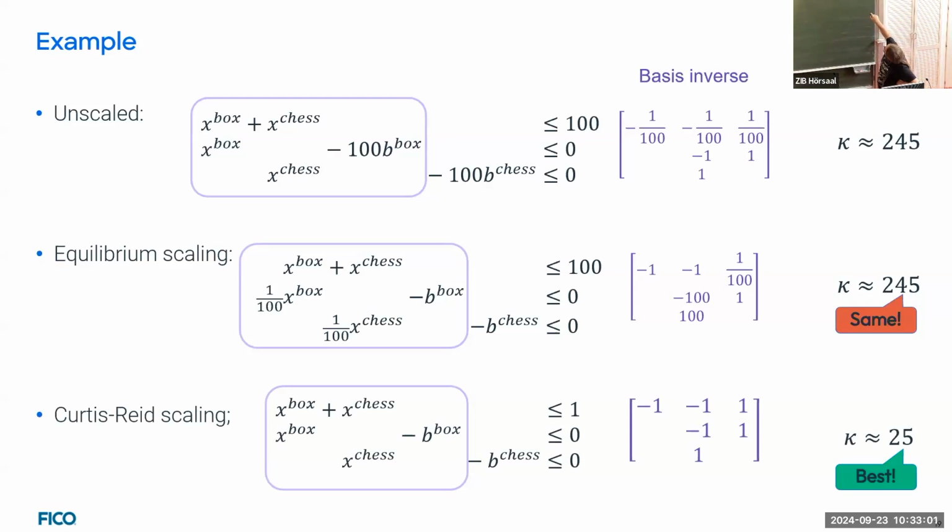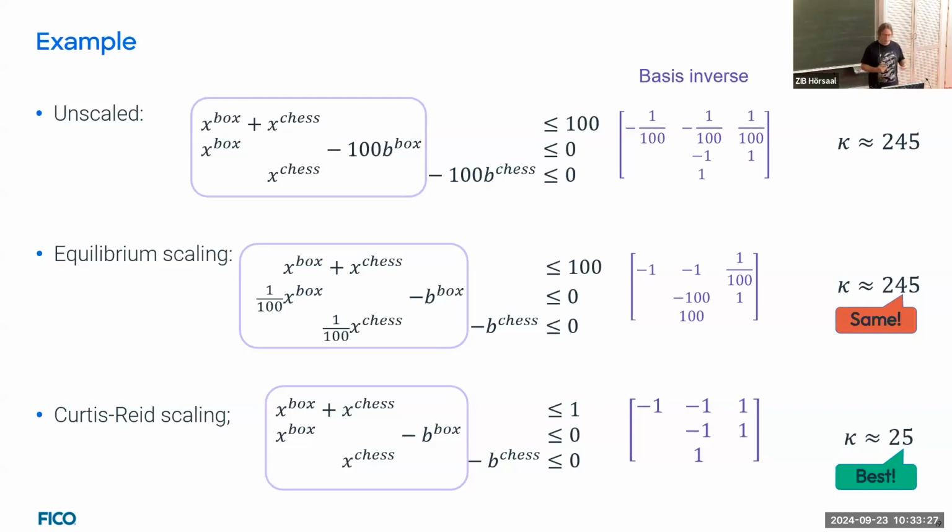I'm always mixing this up. What can we do? We can divide these rows starting from here, but then we multiply the x columns by 100, and then we have 100x plus 100x less equal 100 and divide the top row again. So that's one possible way. And this would be the inverse, and then we get a condition number of 25.